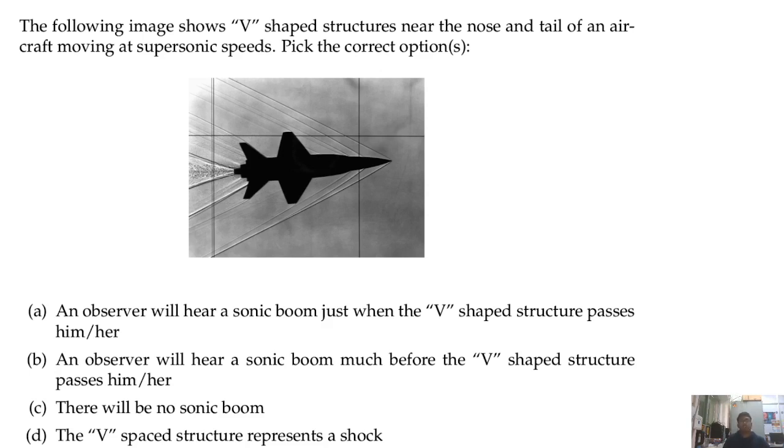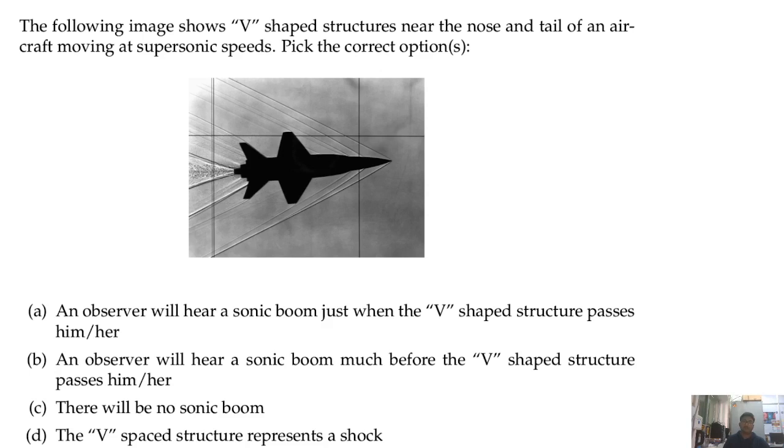Now the third thing is there will be no sonic boom. That is not a correct thing, because this is going at a supersonic speed, so it will create some shock fronts which will lead to formation of sonic booms. Now the last one is the V-shaped structure represents a shock. Obviously this is a shock because this is kind of a pressure pulse.